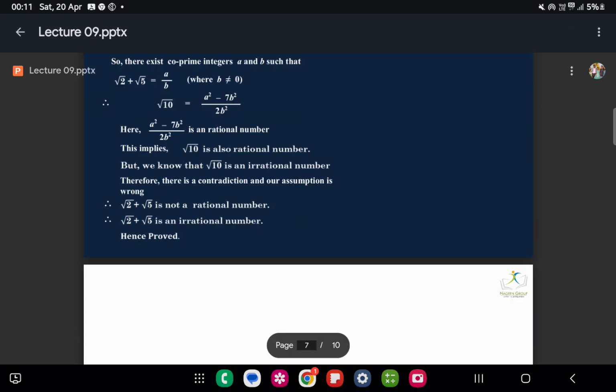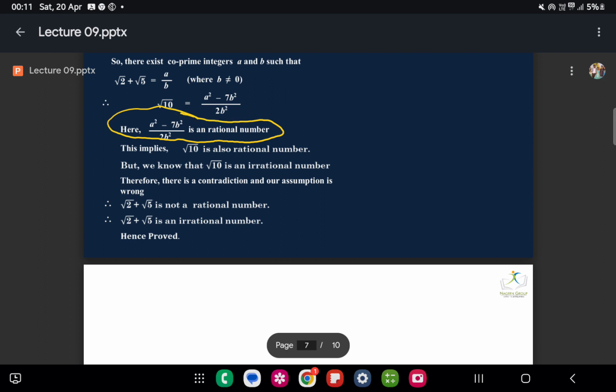Here the next step, already we have taken that root 10 is equals to a square minus 7b square divided by 2b square. Here a square minus 7b square divided by 2b square is a rational number.